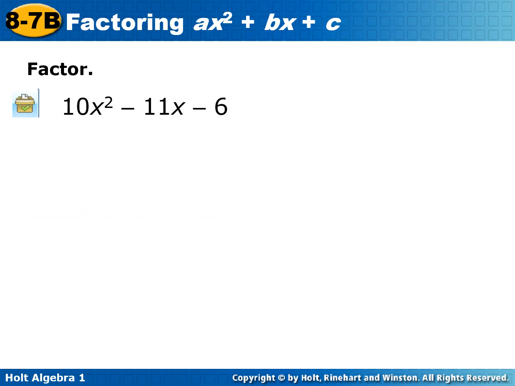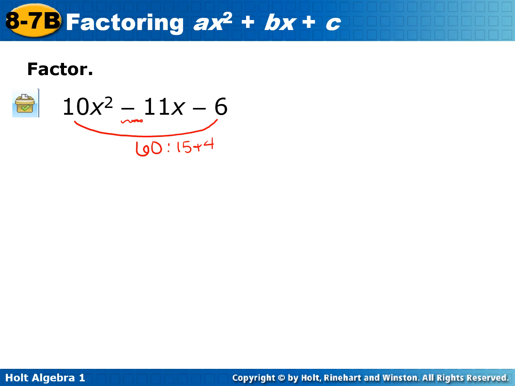Next one. 10x squared minus 11x minus 6. It's in standard form. I cannot take out a GCF, so I'm going to go ahead with my steps. 10 times 6 is 60. C is negative. So factors of 60 that subtract to get 11. 15 and 4.